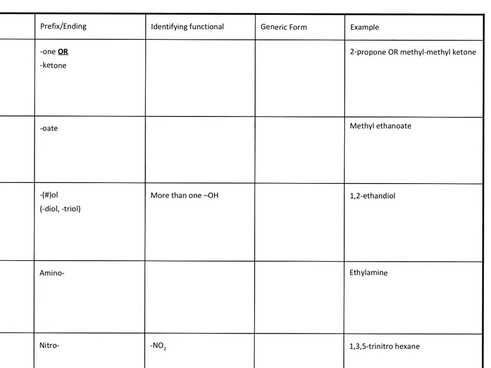Okay, now, the next group that you're responsible for understanding is something that we call a ketone. A ketone usually ends with O-N-E or just simply the word ketone. I'm going to avoid talking about it as a ketone because I think that the O-N-E way to name it is a lot easier. So the identifying functional group here for your ketone is a carbon with an oxygen double bonded to it, but this is going to be in the middle of the chain.